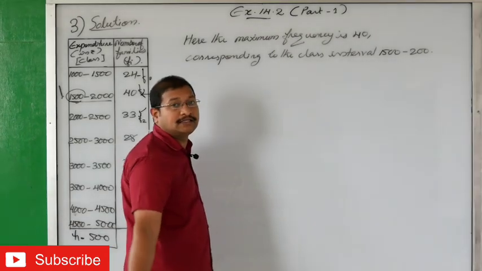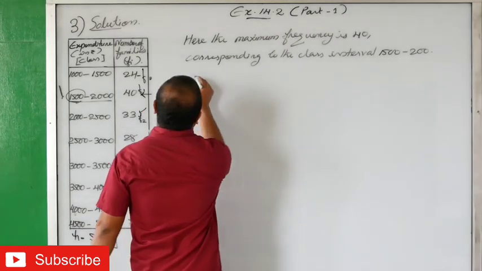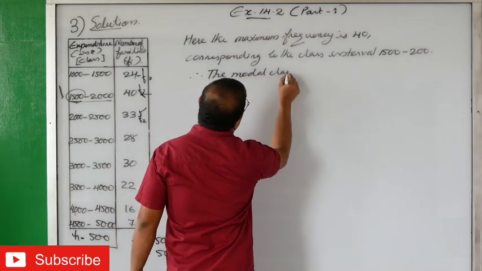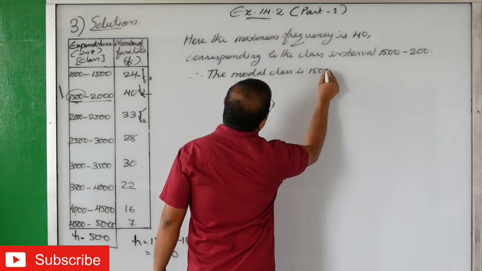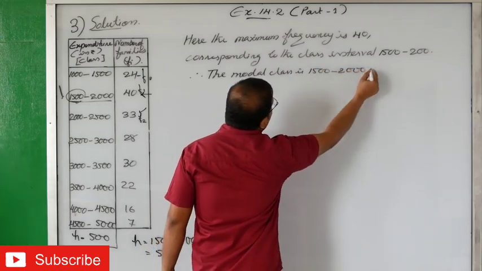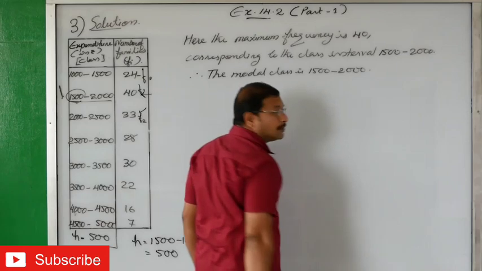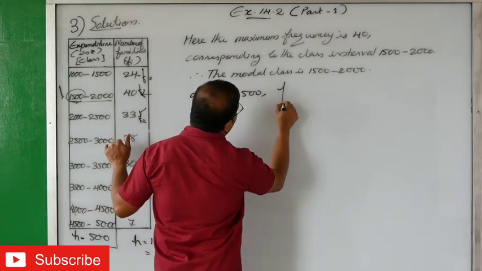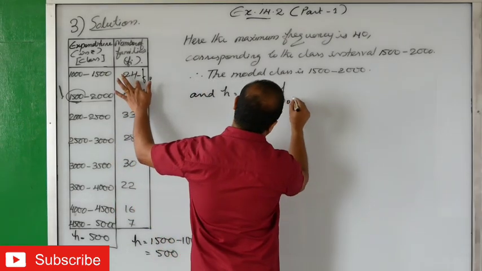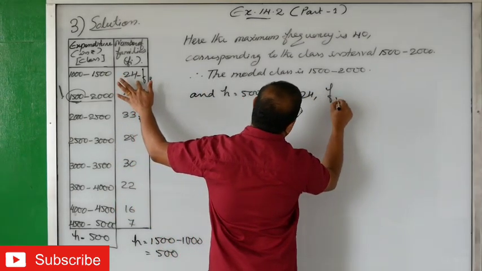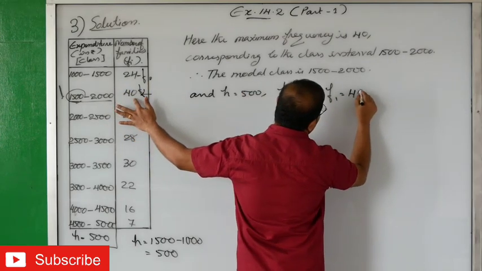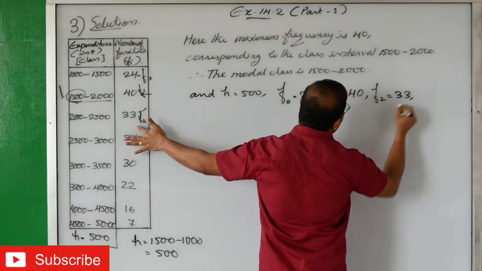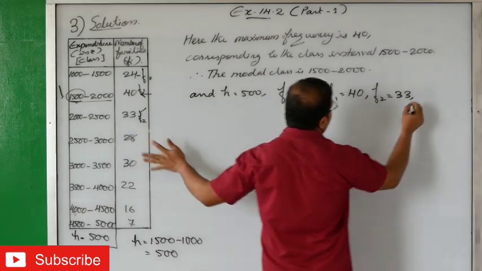Therefore, the modal class is 1500 to 2000. Ready? And what is the value of H? We got it, 500. The value of F0 is 24, F1 is 40, F2 we got it, 33. And of course, L, the lower limit, we got it.